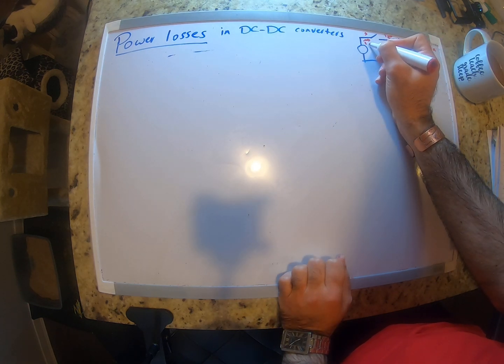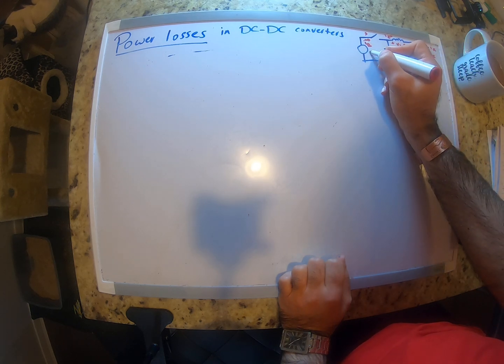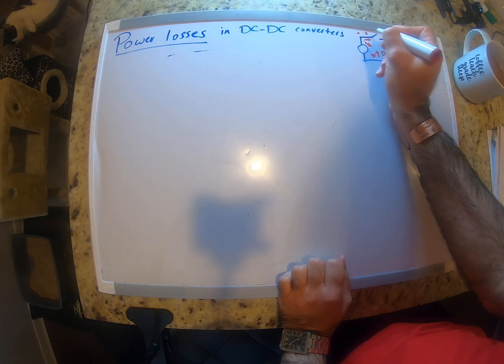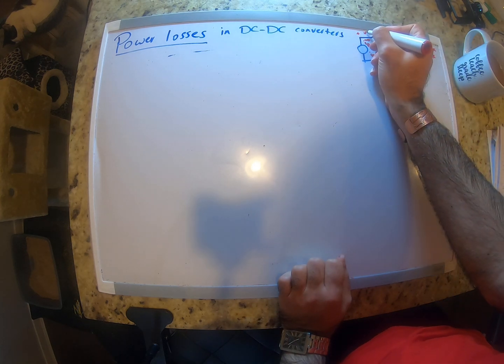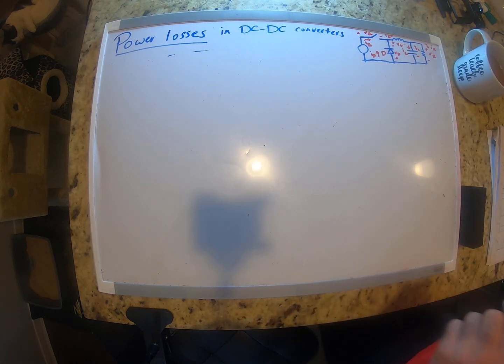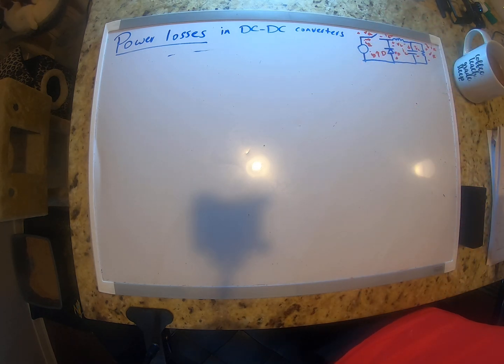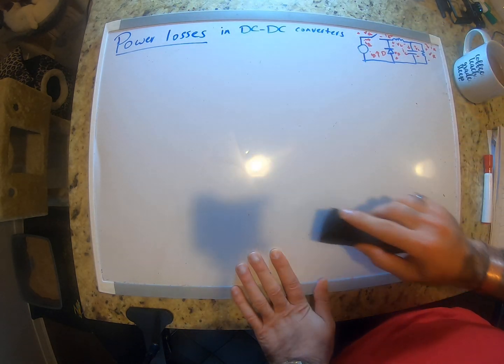Let me write this down with IQ. And this one is I diode, and this one is V diode, and this one is V switch, VQ. Okay, so we're going to find the waveforms of all of these variables and find the RMS values and average values of them.